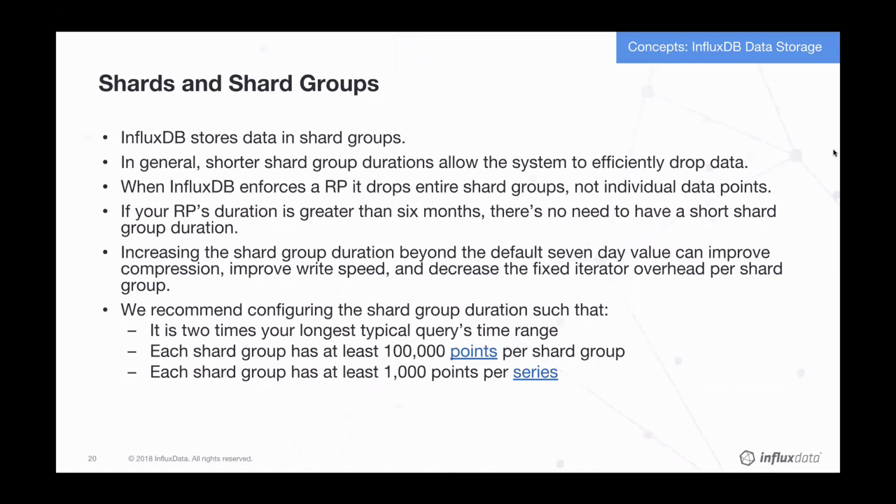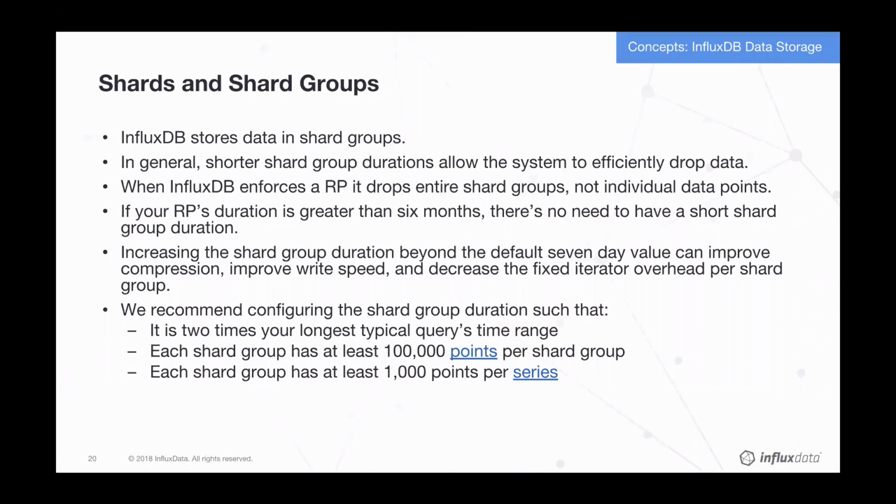In general, another thing to know about retention policies is that they drop the entire shard group, not individual data points. And so as a result, you might be able to improve your write speed by increasing the size of your shard group duration.